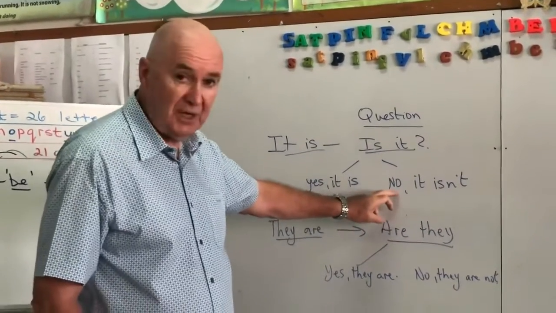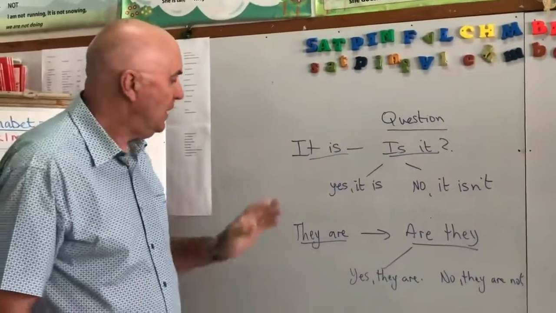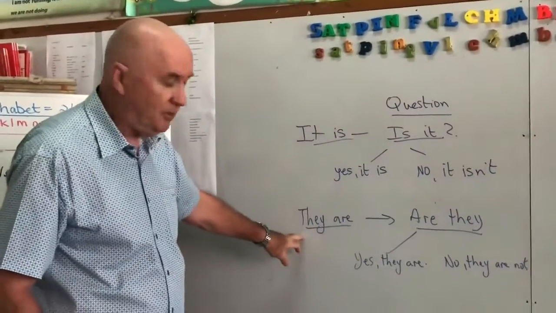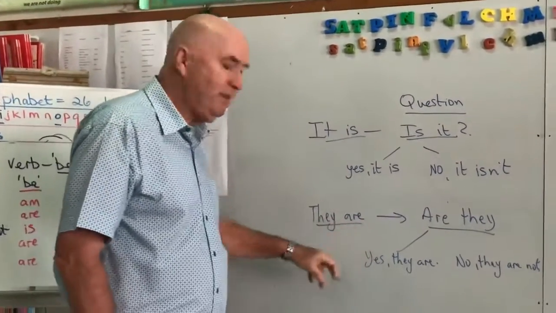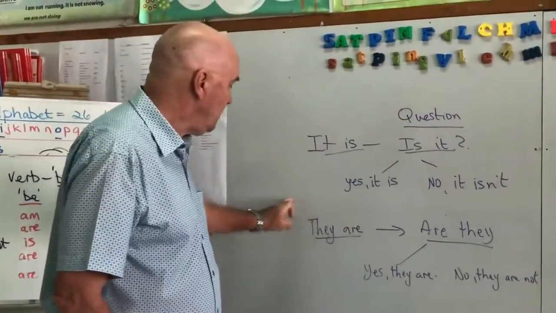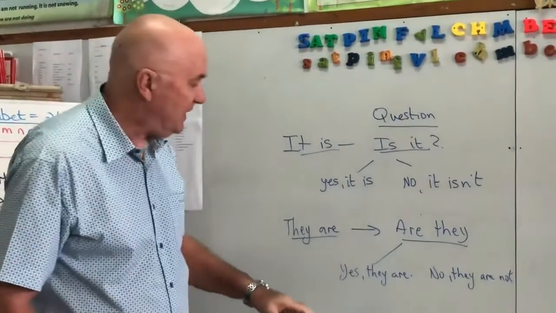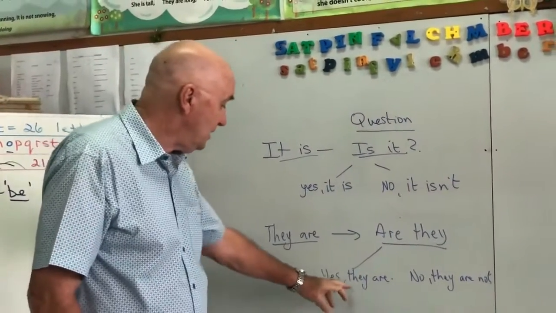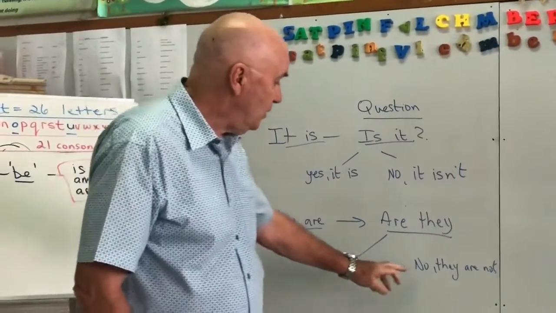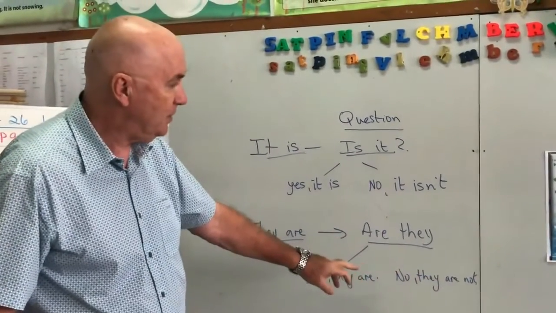Don't forget, if you say no, you have to say not. If we're talking more than one person or more than one thing, and we're saying they are, then our question becomes, are they? And then the answer again will be yes or no. If it's yes, they are. If it's no, no, they are not. Or no, they aren't. Okay?